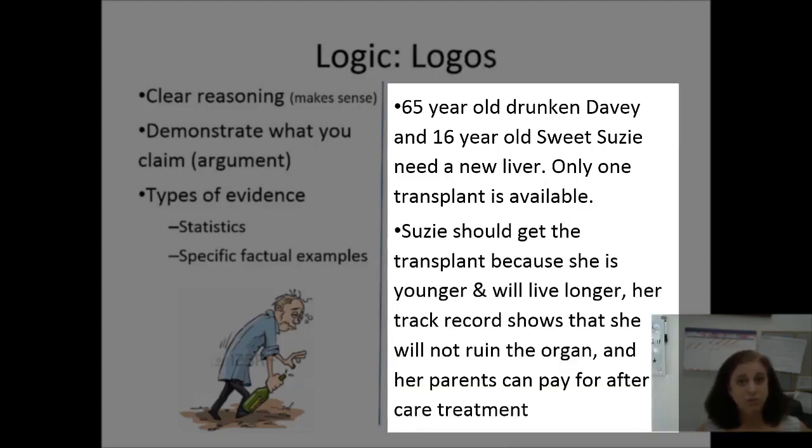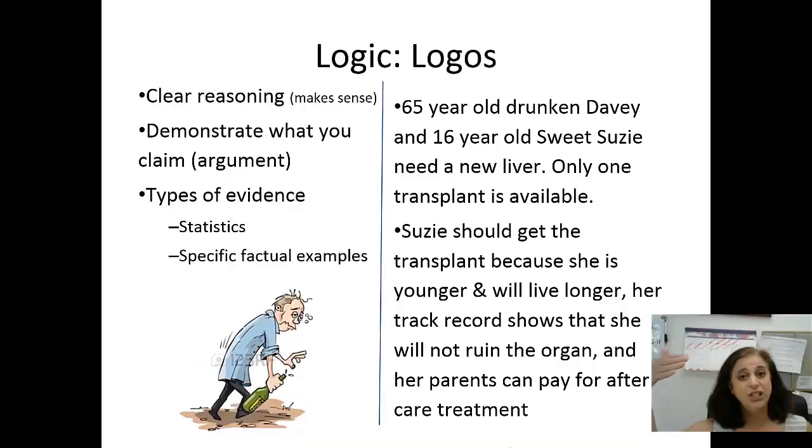Well, most people would argue logically that Susie should get the transplant because the facts show she's younger, she's going to live longer, her track record shows that she's not going to ruin the organ, and her parents can pay for it. Those 3 facts lead you to believe that Susie is more qualified to get the liver than drunken Davy.